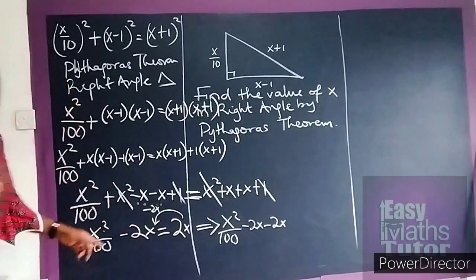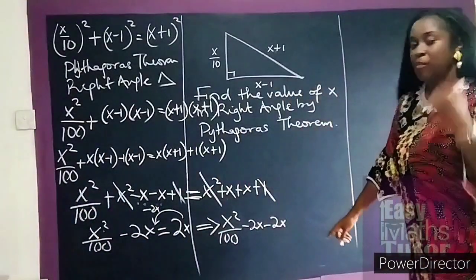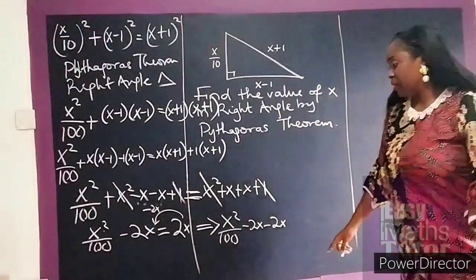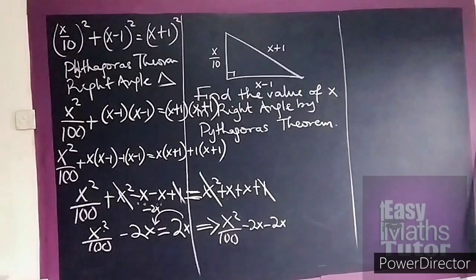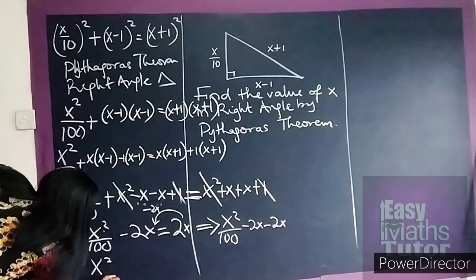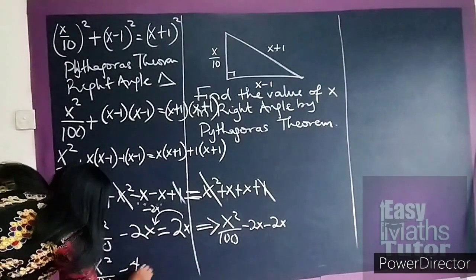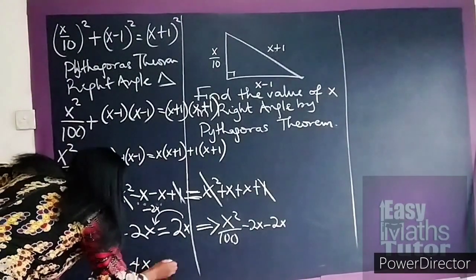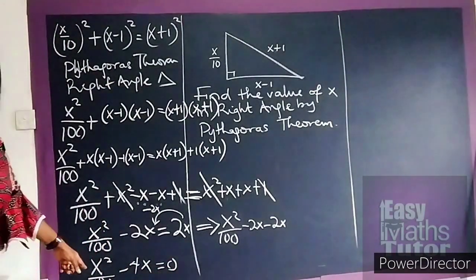Minus 2x. Alright? So what would our answer be? Our answer, for going down, will be x squared over 100 minus 4x equal to 0.